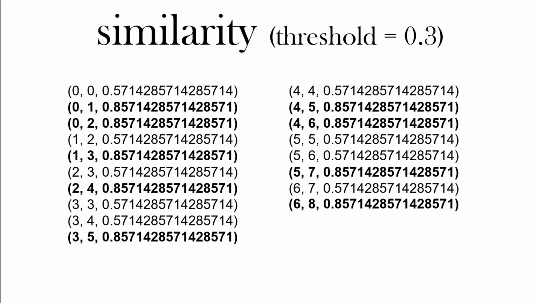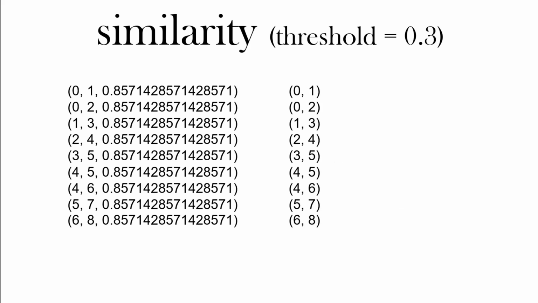So let's look at those similarity scores. We've highlighted the highest scores, and when we take them out, we've now got the index from the smallest list and the index from the largest list, where we've aligned the strings with the highest similarity score.